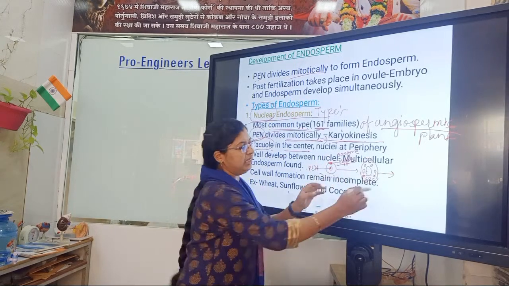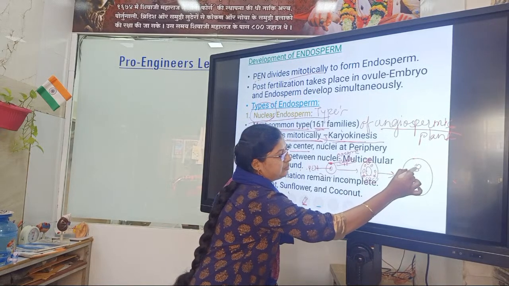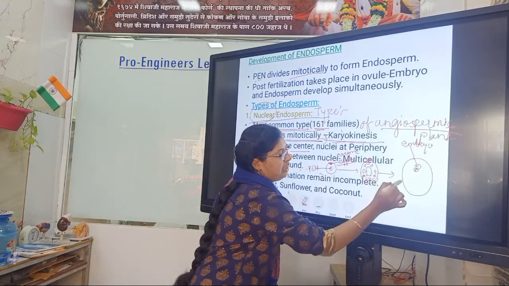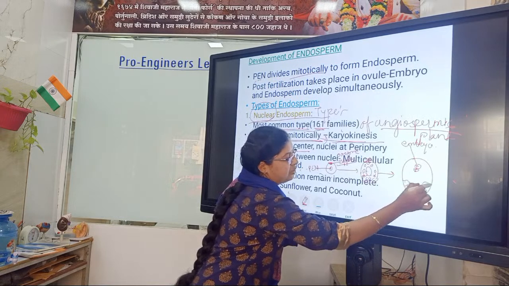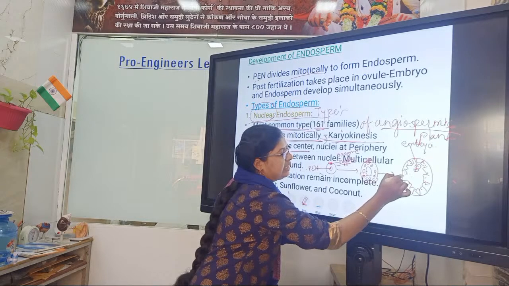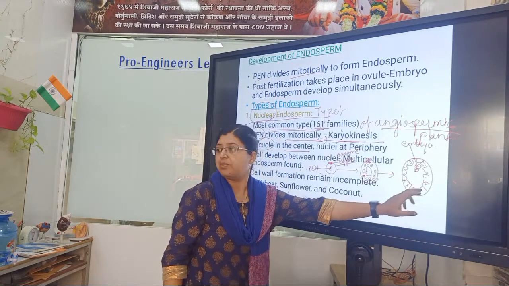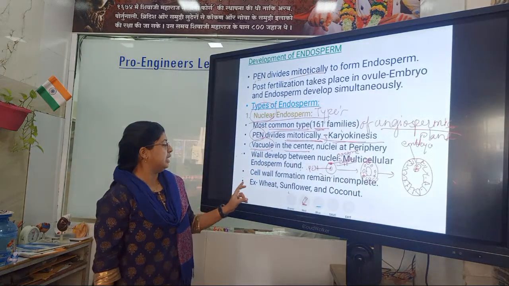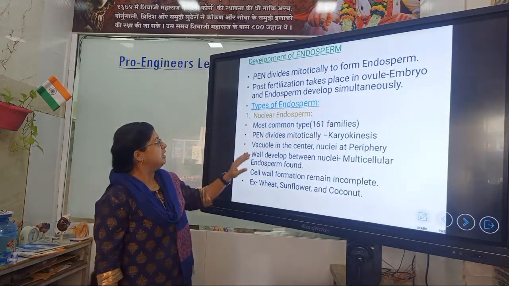And after that there is a formation of wall. This is the embryo. Wall formation takes place around each nucleus. But in some plants, the wall formation remains incomplete. Which are those plants? Wheat, sunflower, and coconut.